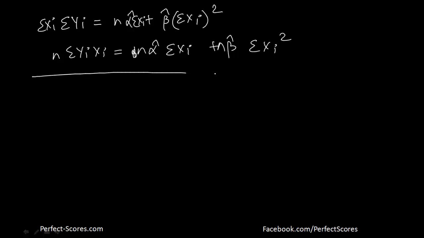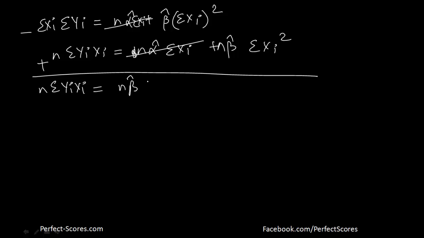So if I subtract both the equations, this and this get eliminated. So I have n into summation of yi xi equal to n into beta hat into summation of xi square minus beta hat into summation of xi whole square.